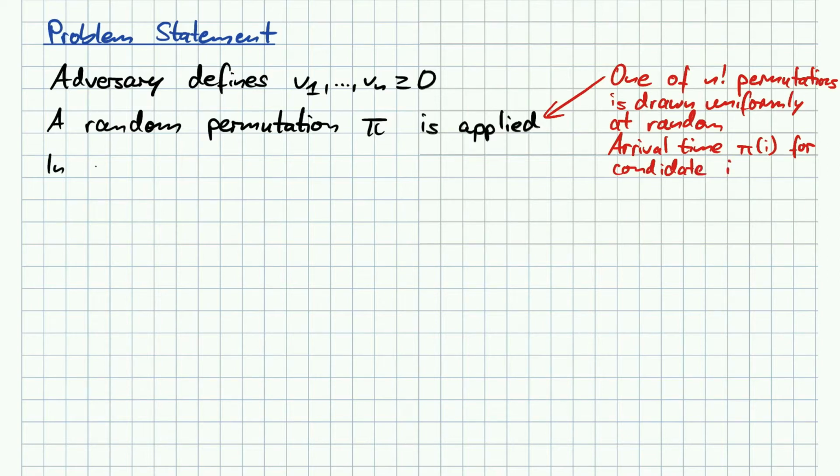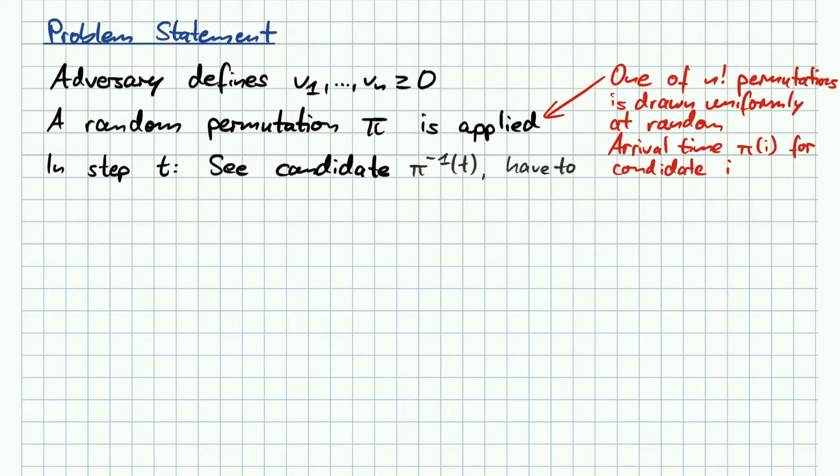And in step t the following happens. We see candidate inverse of pi of t, and then we have to accept or reject them immediately and irrevocably.